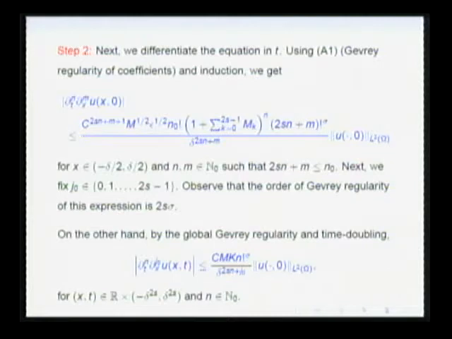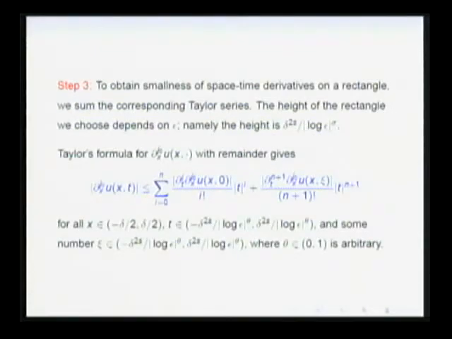Then once you have the space-time derivatives, for Gevrey functions you can use the Taylor series, except that the Taylor series doesn't converge. There is an optimal place to stop: if you take more and more terms, it tends to converge, but if you take too many, it tends to diverge. Some people call this Borel summability.